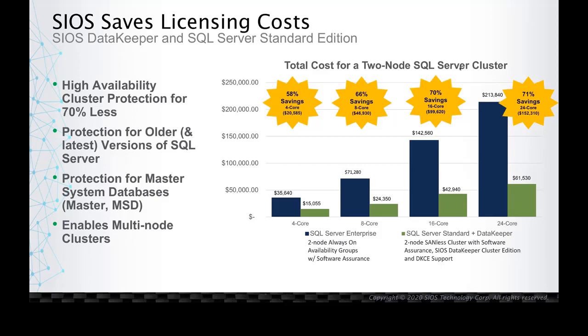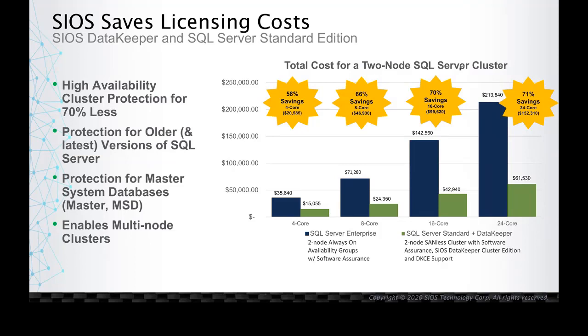You get 2 nodes of SQL Server always on with the software assurance, and then the green bar represents 2 nodes of SQL Server Standard Edition plus the Datakeeper software plus the software assurance for SQL Server plus the annual support and maintenance for Datakeeper.